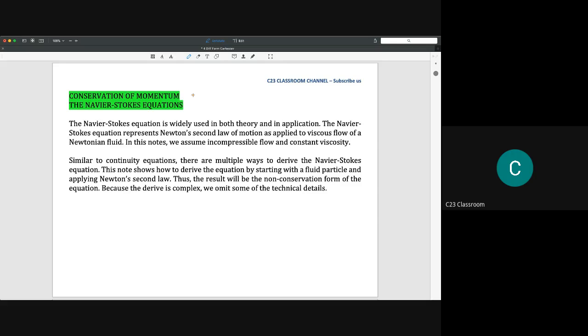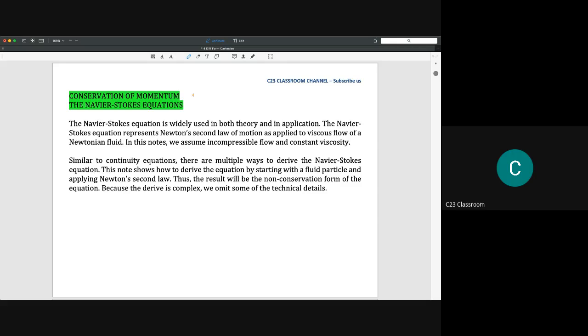Now we try to derive an equation to solve problems for moving fluid, because continuity is the one equation that could help us solve that, but the continuity equation is not derived from the idea of force.